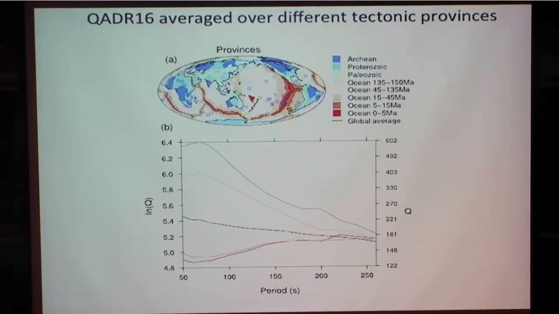Whether it's compatible, the main argument for melt, in fact, is that from experimental data they have difficulties to explain the very strong reduction in velocity that you observe near 70 kilometers depth.